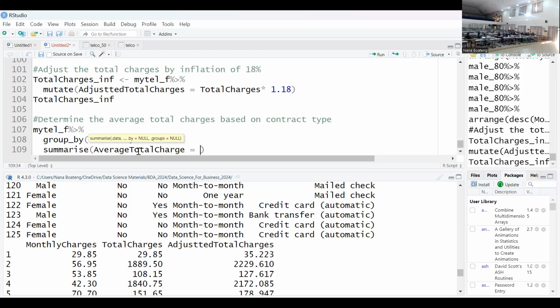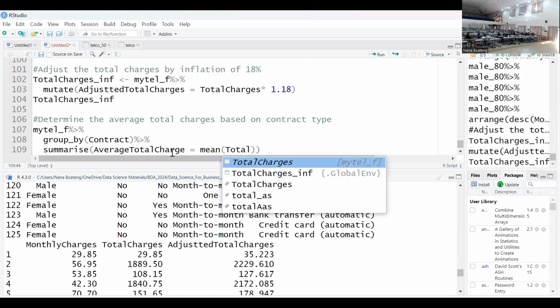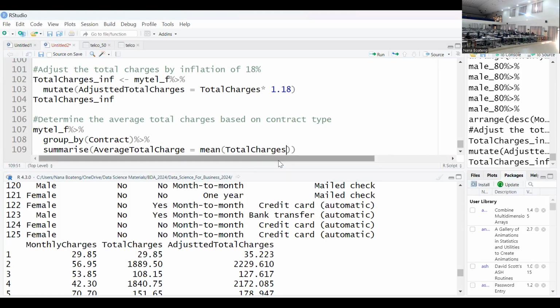So mean, into bracket, total charge. When it finds the mean for the total charges, it will be based upon the type of contract. So let's run this.